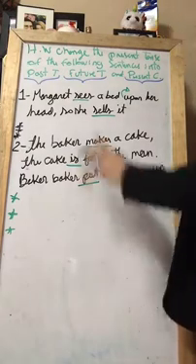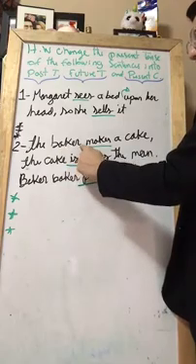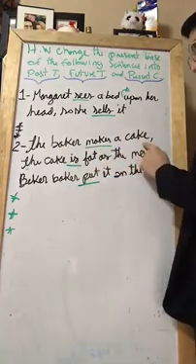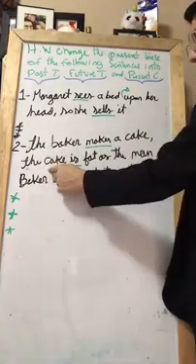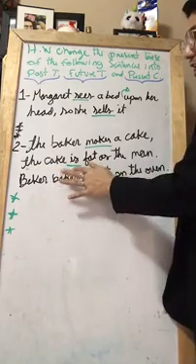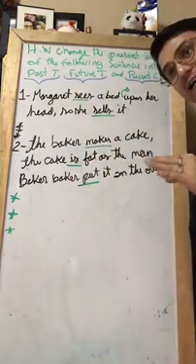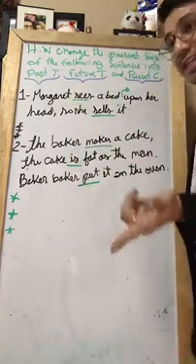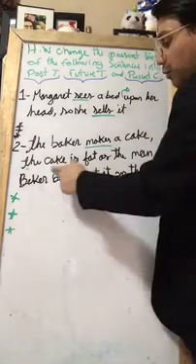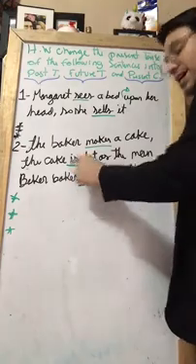Same thing. How are you going to write it in future? The baker will make a cake. The cake will, and what is the future tense of is? Tricky. Verb to be only has one future, that is be. You cannot write will is, will am, or will are. It's will be.